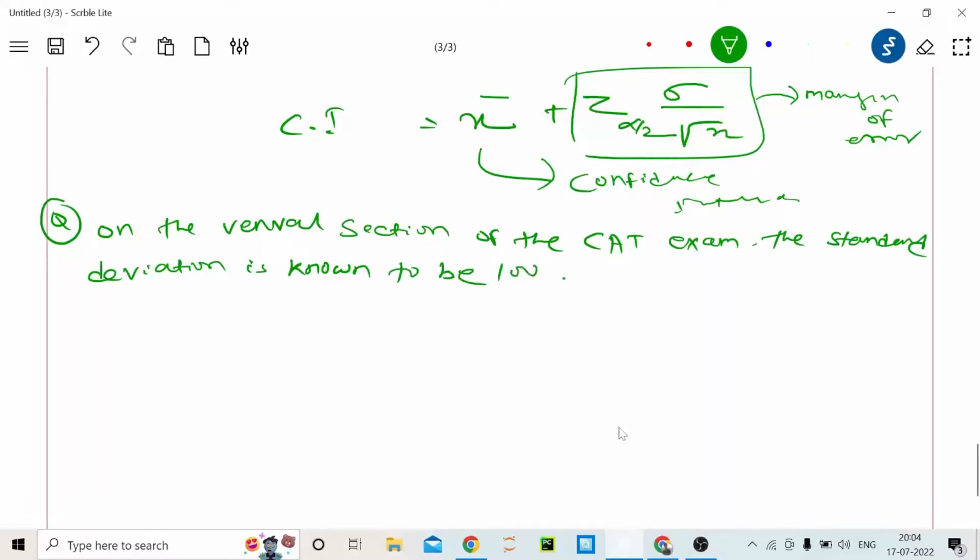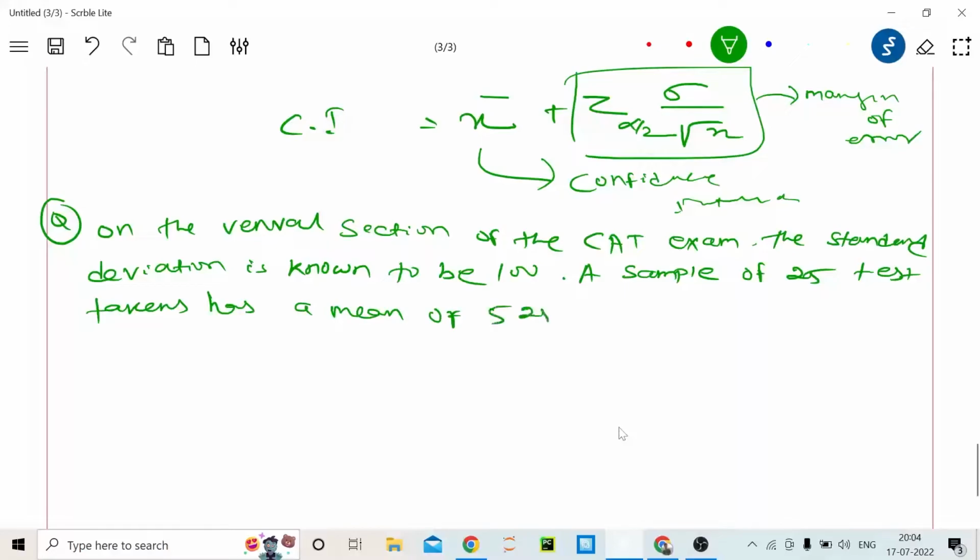A sample of 25 test takers has a mean of 520. Construct a 95% confidence interval about the mean.